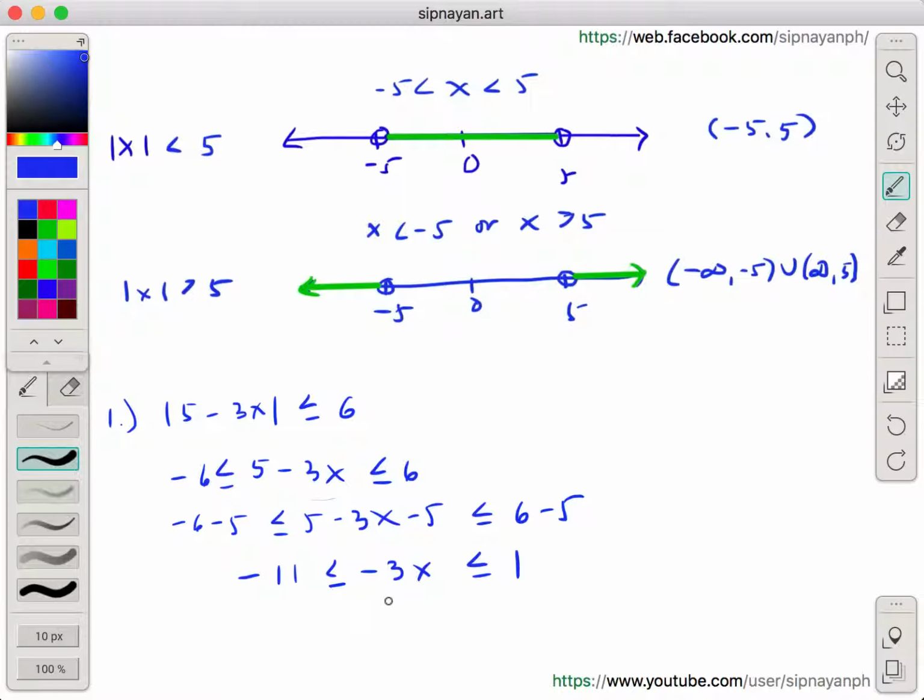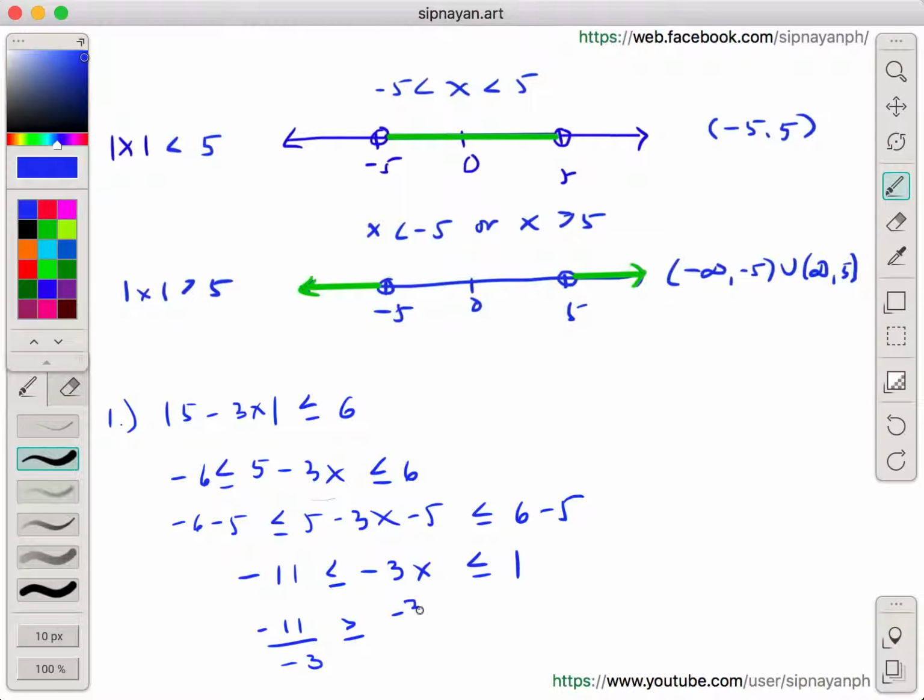So the next step is to divide all the expressions by negative 3 so that only x remains here. So here it becomes negative 11 over negative 3. Remember, when we divide by a negative, the inequality sign flips. You remember that, I already taught it before.